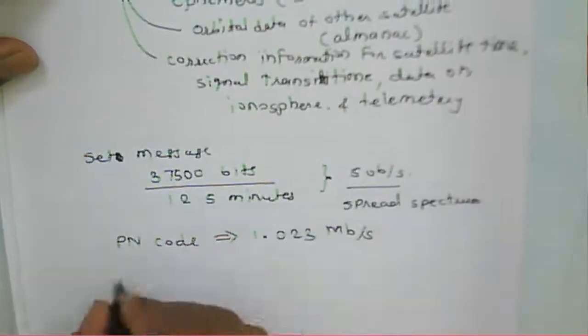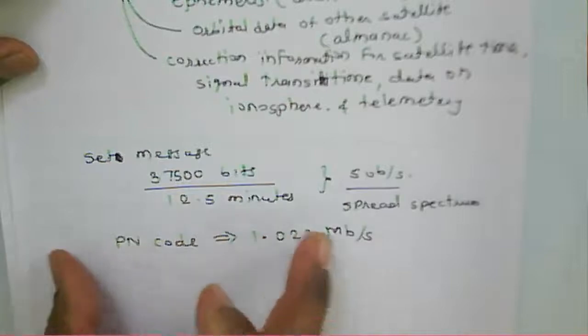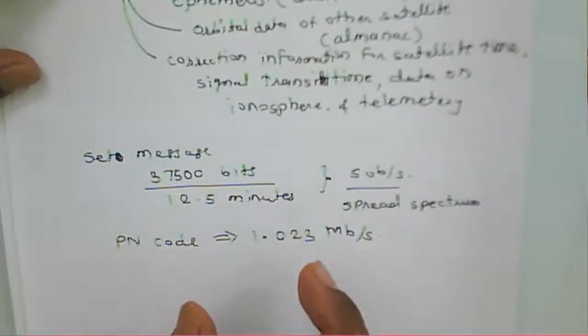That particular code is known as the ranging code.